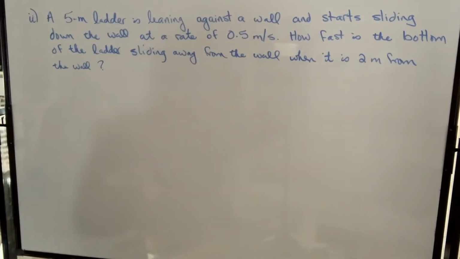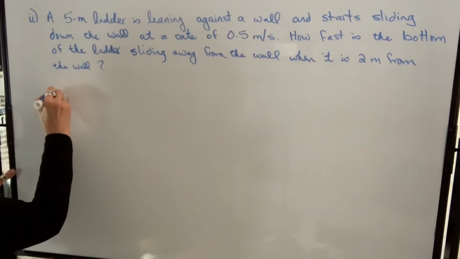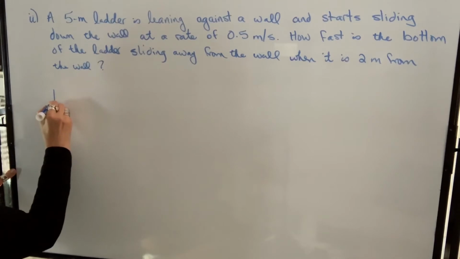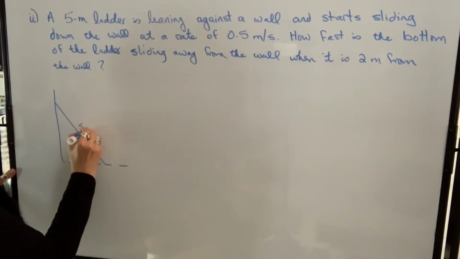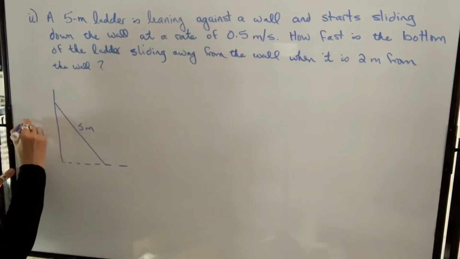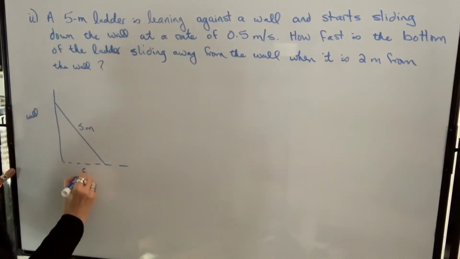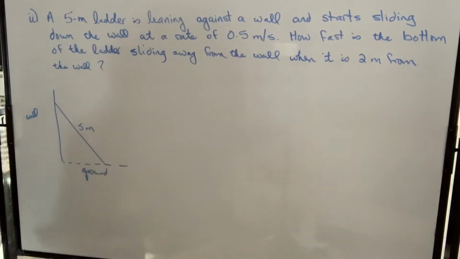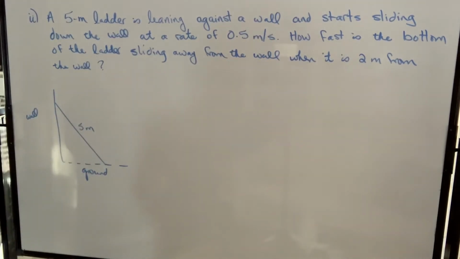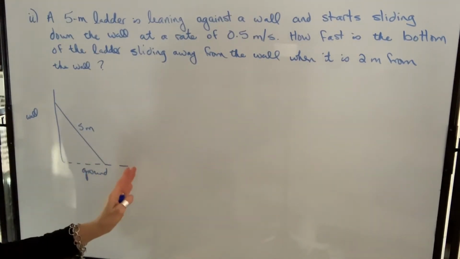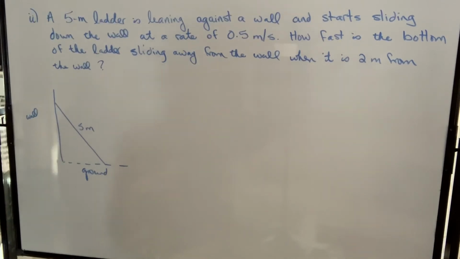Okay, our next example talks about a 5-meter ladder leaning against a wall. So we can make a little drawing. So here's our wall, and we've got a 5-meter ladder leaning against the wall. And it starts sliding down the wall at a rate of 0.5 meters per second. How fast is the bottom of the ladder sliding away from the wall when it is 2 meters from the wall?